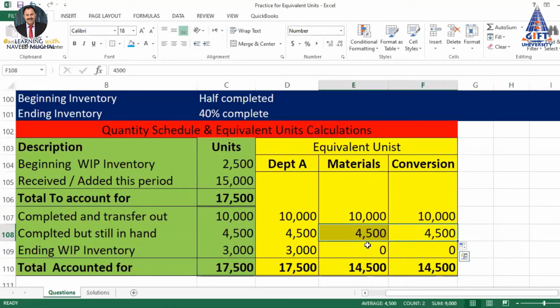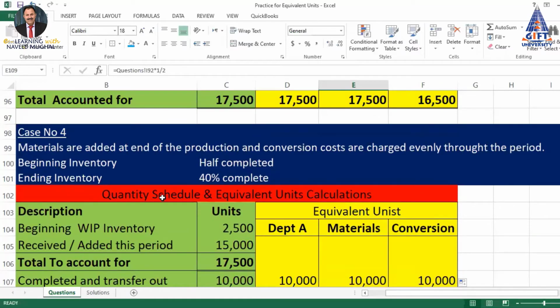And what about the material cost? It means the materials are added at the end of production. It means when units are 100% completed, then material will be added. These units are only 40% complete. It means they have not reached the end of the production, so no material has been added on these units.